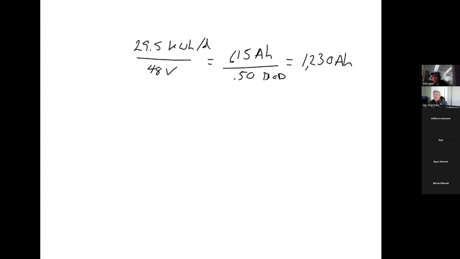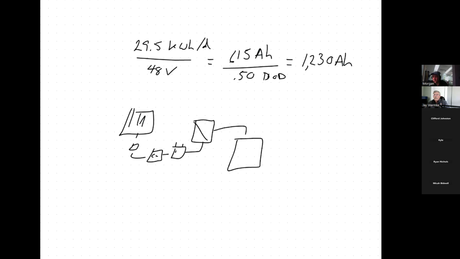So if I look at my system, here's my array, here's the combiner box, here's my charge controller, here's my batteries. From the battery, I go to my inverter, and from the inverter, I go to my load. What is the only piece of equipment between the battery and the load? Well, it's the inverter, right? It's the only thing that's going to inject loss into my system from the battery to the load.